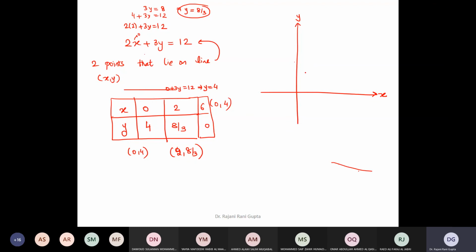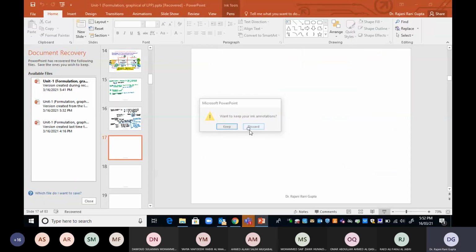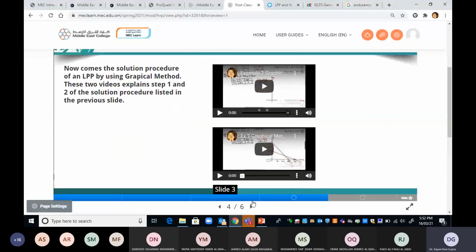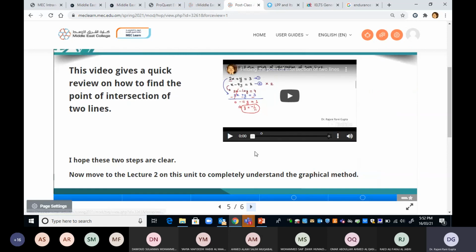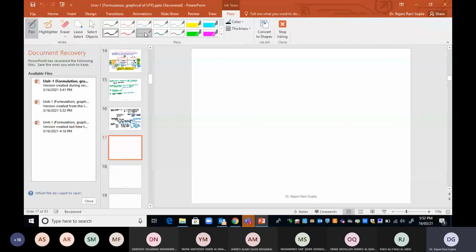This is the concept which is explained in this video. And step 2 is how to draw these lines on the graph and how to find the point of intersection. If you have these 2 lines, say this is line 1 and this is line 2, and you want to know this point, what does this point stand for?